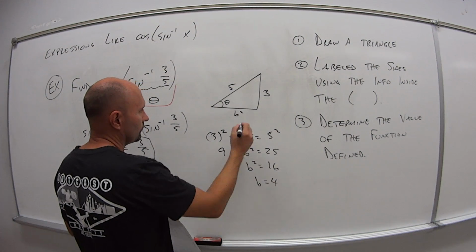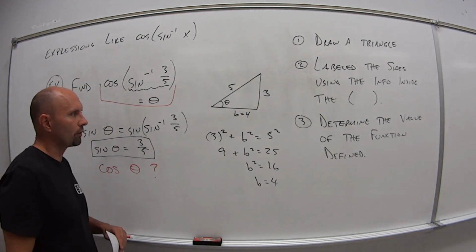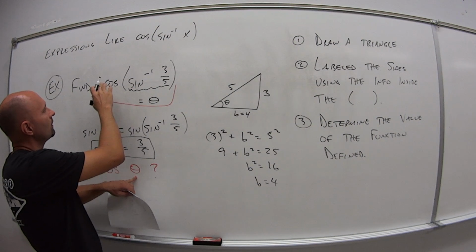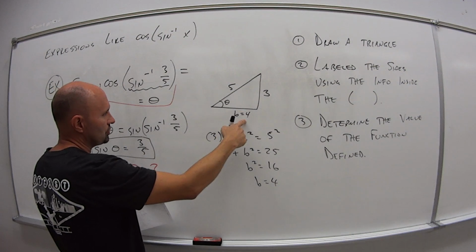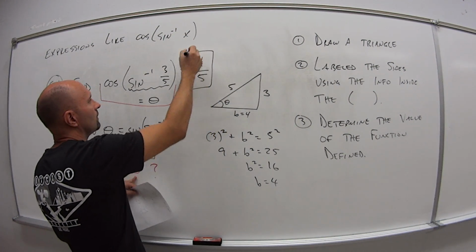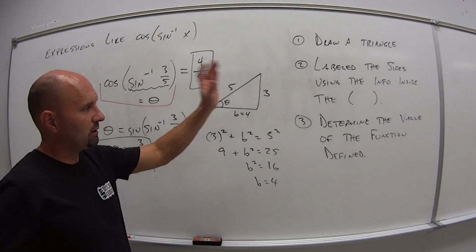Take the square root, so this side here, b, would be equal to 4. So therefore, cosine of theta, or cosine of sine inverse of 3/5, is just equal to adjacent over hypotenuse, or in this case, 4/5.